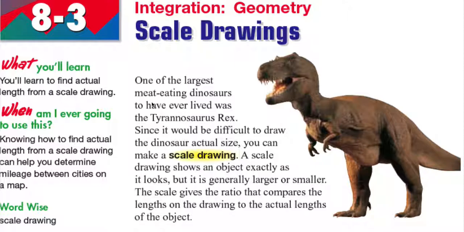One of the largest meat-eating dinosaurs to have ever lived was the Tyrannosaurus rex. Since it would be difficult to draw the dinosaur's actual size, you can make a scale drawing. The definition of a scale drawing: it shows an object exactly as it looks, but it is generally larger or smaller.